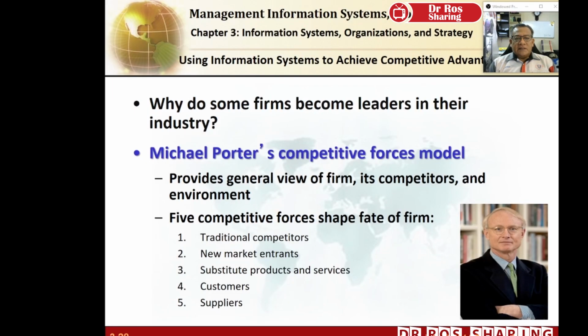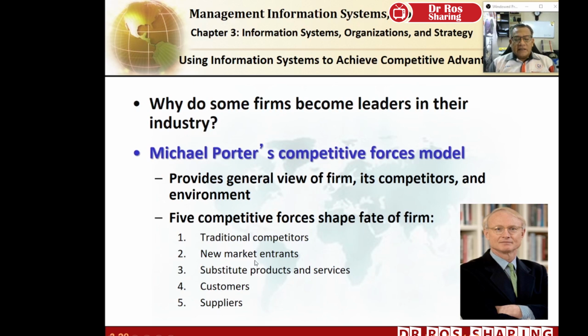Okay, we are moving on. How do we look at the business model proposed by Professor Michael Porter of Harvard? He proposes a business model called the competitive forces model, or five competitive forces model.